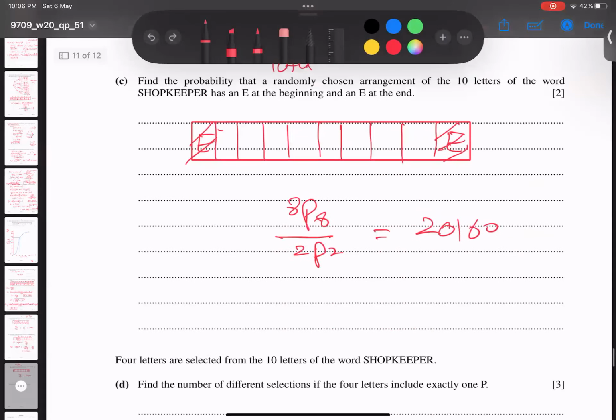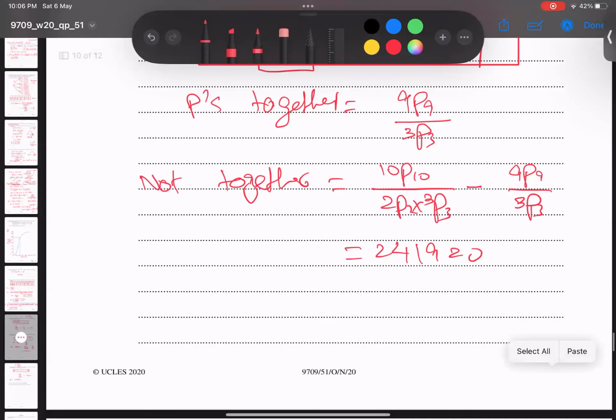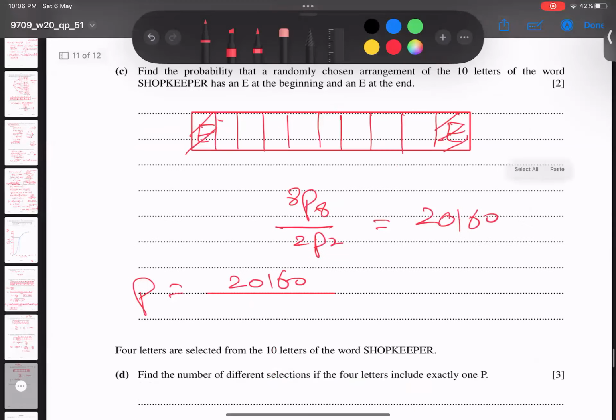So probability is equal to 20160 divided by what? I will check what answer is coming. So 10 factorial or 10P10 divided by 2 and divided by 6, so 302400. So the answer is finally coming 1/15. So this is our answer.